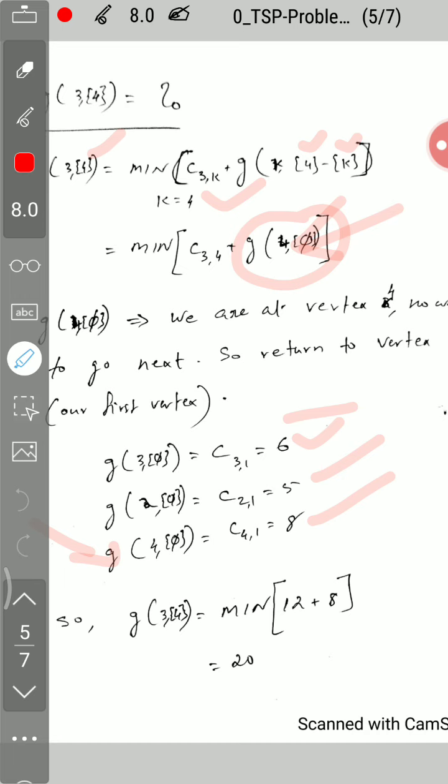Then g(4, null set), its value is 8, so it is 12 plus 8, it is 20. So g(3, {4}), you got the value 20. Then next we can take this value and substitute it in the previous function.